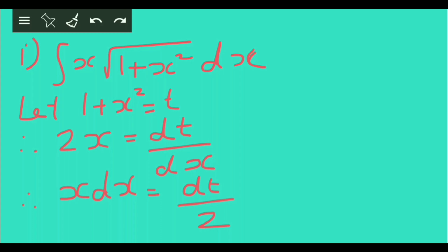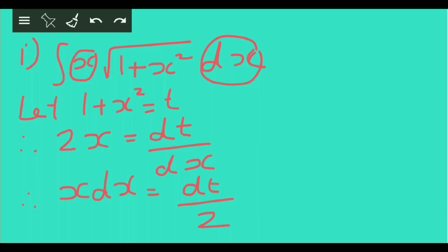So if you observe in the question, the value x dx is over here. See, x dx. So x dx has become dt by 2. And what about 1 plus x square? It is t. So our integral becomes actually root t dt.